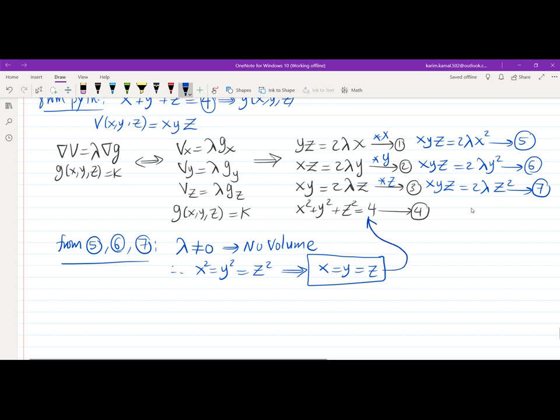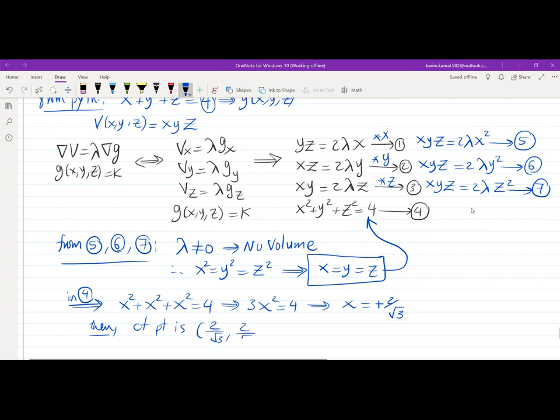So in equation number 4, it will be x squared plus x squared plus x squared equals 4, which means 3x squared equals 4, and x will be positive only, 2 over root 3, and then the critical point is 2 over root 3, 2 over root 3, and 2 over root 3, and we have to find the volume.